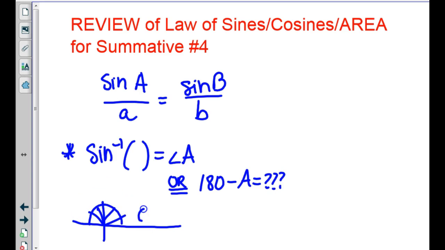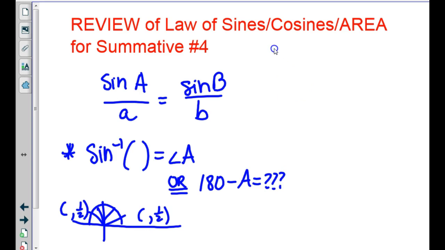So if you get a sine value back here of 1/2 or back here of 1/2, you don't know if the angle was 30 or 150, okay? Could be either one in the triangle. Sometimes you can eliminate it because if you already have a 70, can you have a 150 as well? No, because it's got to stay under 180. But whenever you do inverse sine, okay, that's the trick with law of sines.